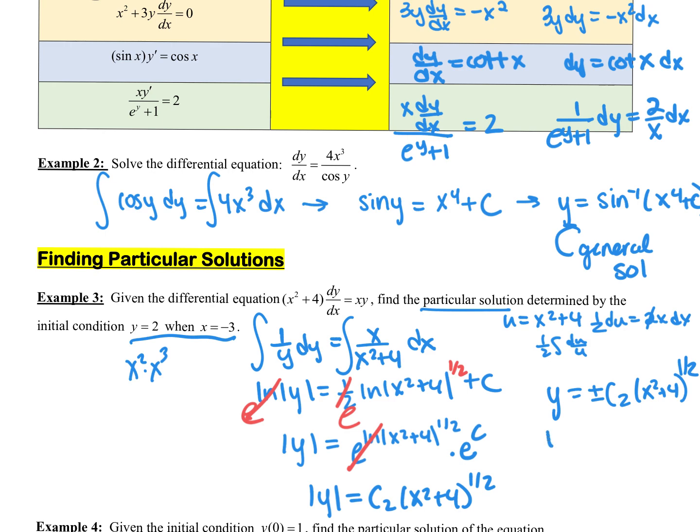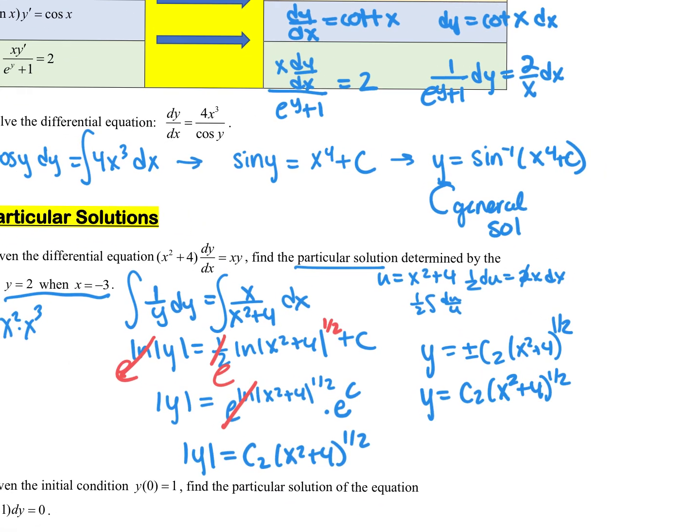And you'll figure out which one it is when you find that constant. So you don't really have to worry about it. So that is our general solution. There's a few things I'm writing down here that I won't usually write down just to explain what we're doing.